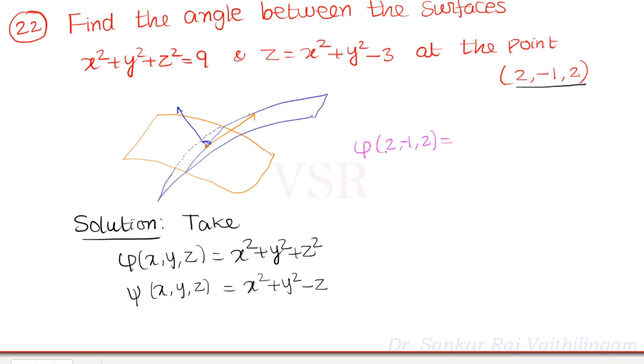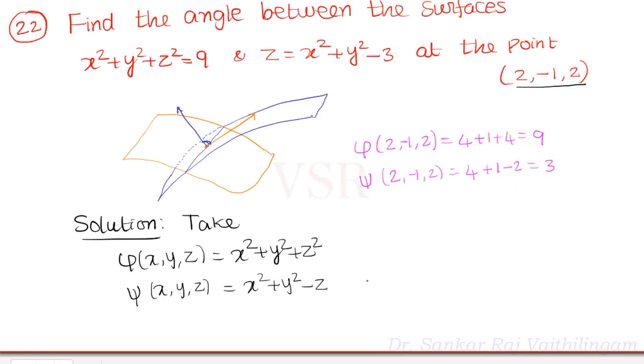What is the value? x square is 4, y square is 1, z square is 4, which is equal to 9. Similarly psi of 2, minus 1, 2: 4 plus 1 minus 2, which is 5 minus 2, equal to 3.